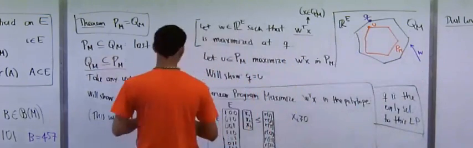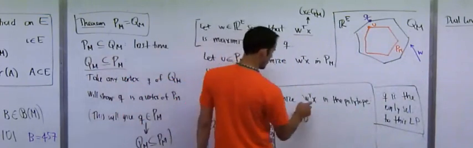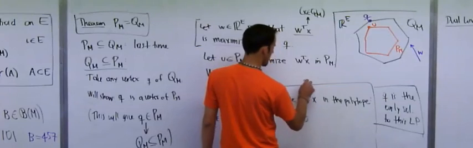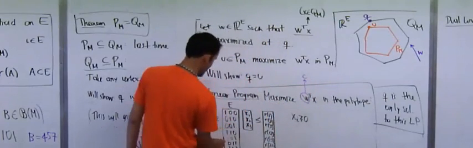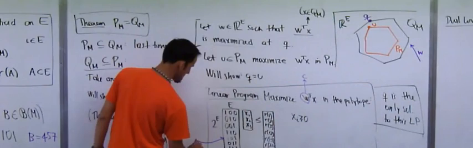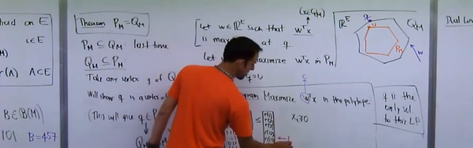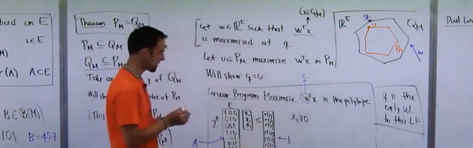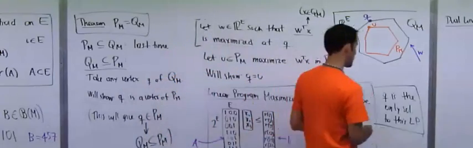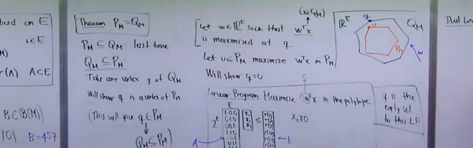In the notation over there, I'm maximizing C transpose X, so this is the vector that I'm thinking of as C. This is the matrix that I'm thinking of as A. And this is the vector that I'm thinking of as B.